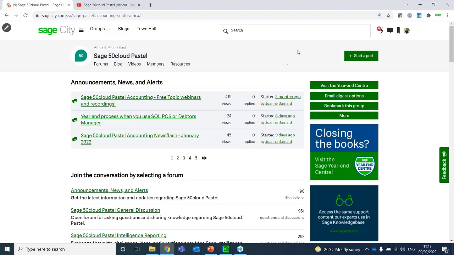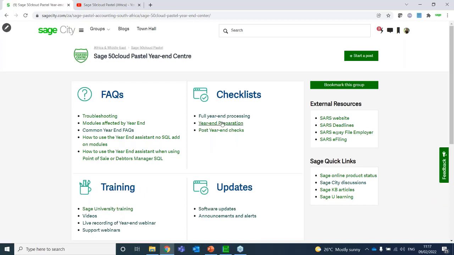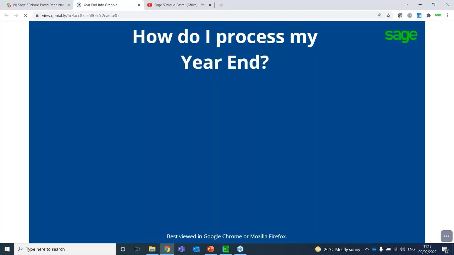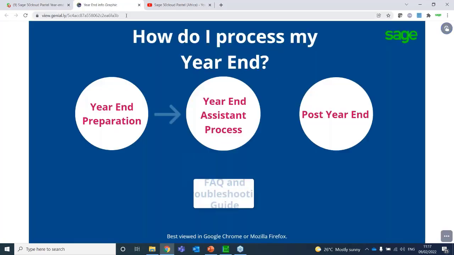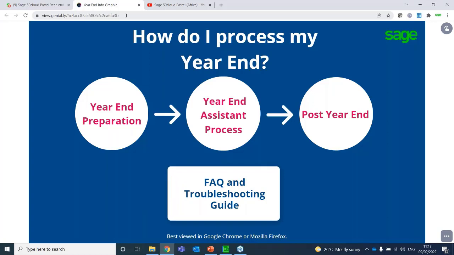But I went here, then I went to visit the year-end center, and then under checklists, I clicked on full year-end processing. So that guys, you know, I can give you all this link, you can all have the link, but obviously, you then need to save this somewhere. It's a lot easier to be able to go, oh, I know exactly how to get to this over and over again.